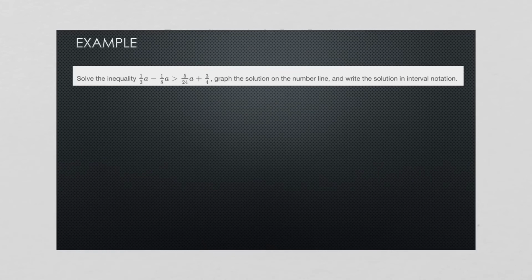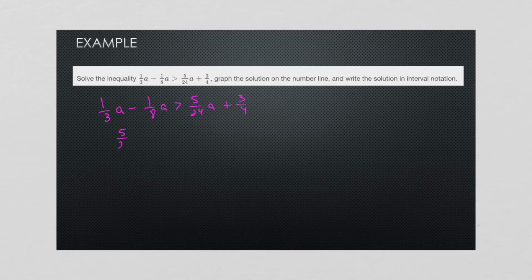Okay, so for this problem, I strongly recommend that you grab your calculator. And I'm going to move my a's to one side, so on my calculator I'm typing in 1/3 minus 1/8. And I get 5/24.